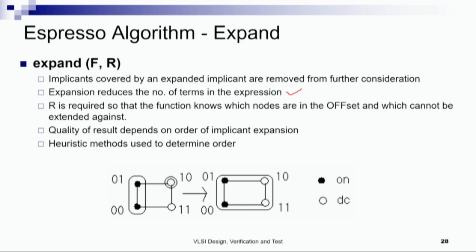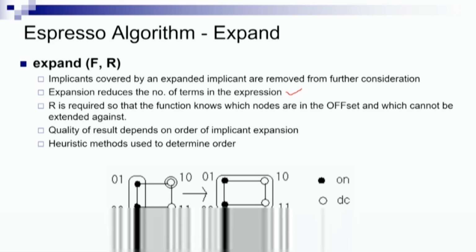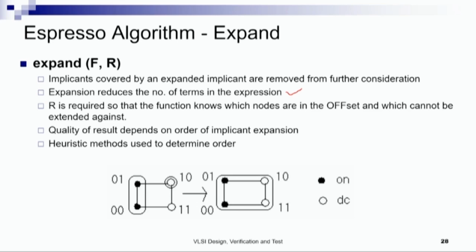Because we are taking two or more product terms and combining them into a single product term. That is why it reduces the number of terms. R, that is the don't care set, is required so that the function knows which nodes are in the offset and cannot be expanded against, because we cannot cover the offset while expanding.